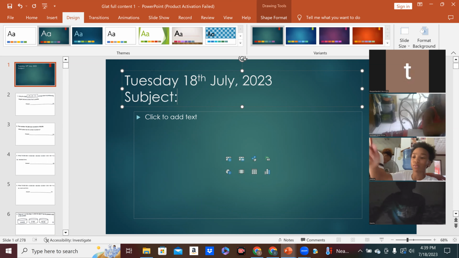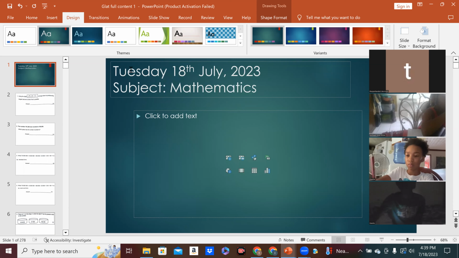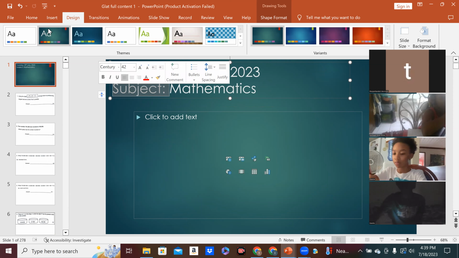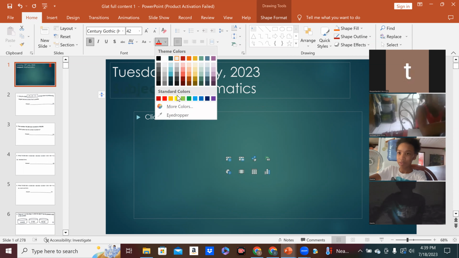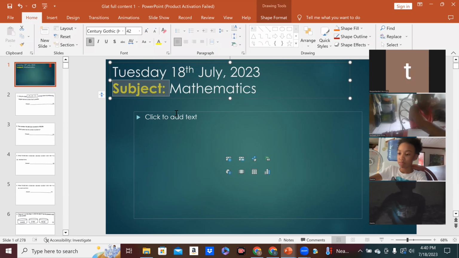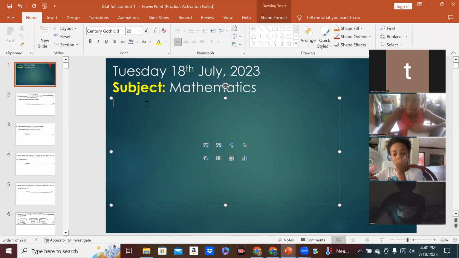Subject is mathematics. And the first thing we'll be looking at is adding fractions with unlike denominators. Adding mixed numbers, sorry, with unlike denominators.